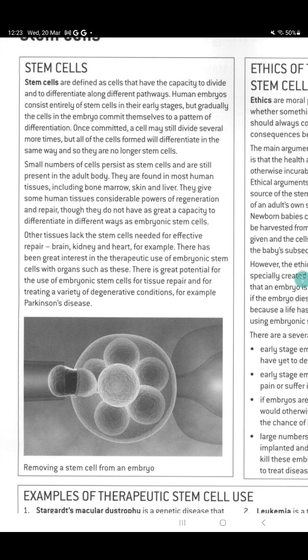They are found mostly in tissues like bone marrow, skin and liver. Very few cells can behave like stem cells and acquire the function of any other cell type in the body. They give some human tissues considerable power of regeneration and repair.